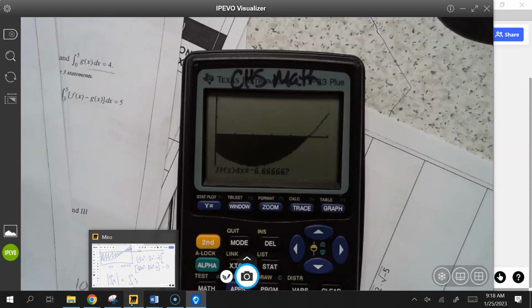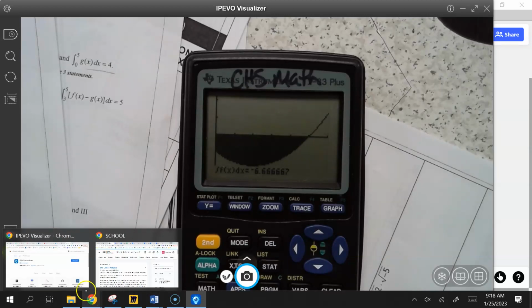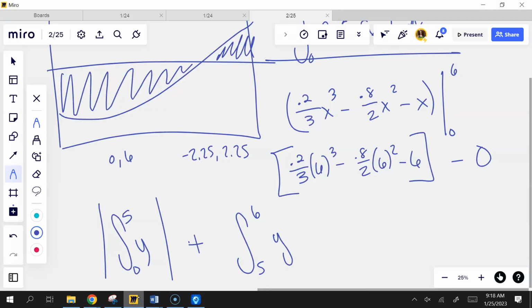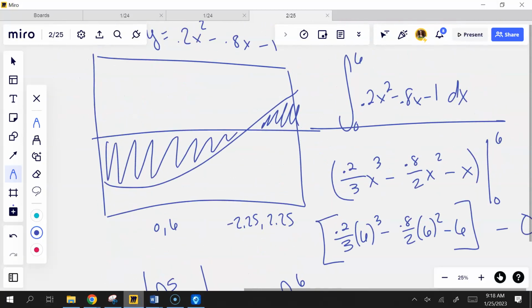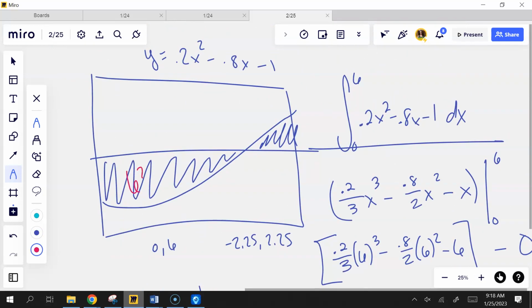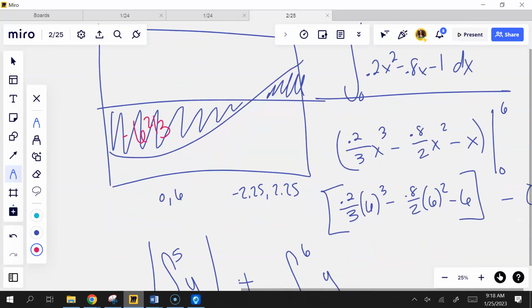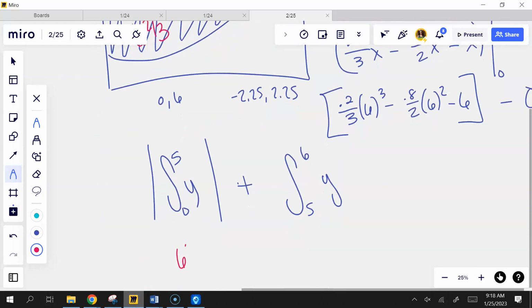0 to 5. So 6 2/3 for this first piece of area. And it's negative, so I'm just going to make it positive. So 6 2/3 here.